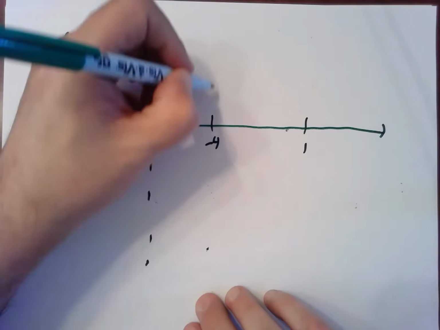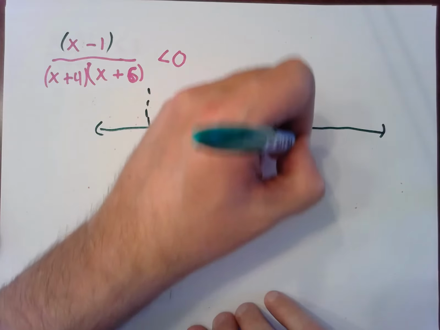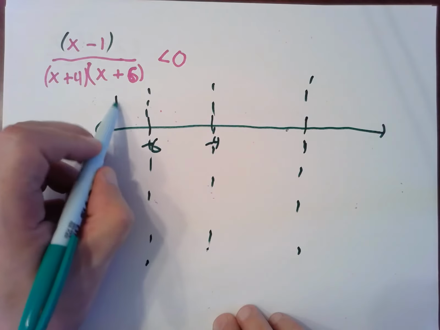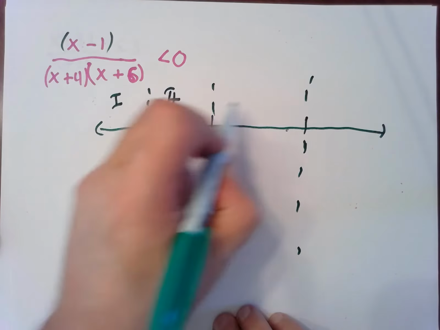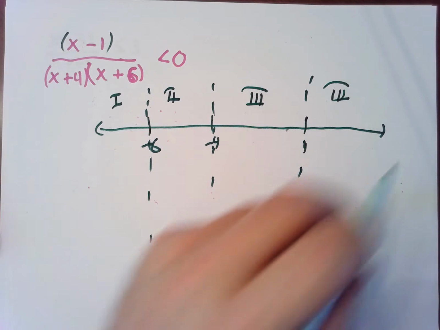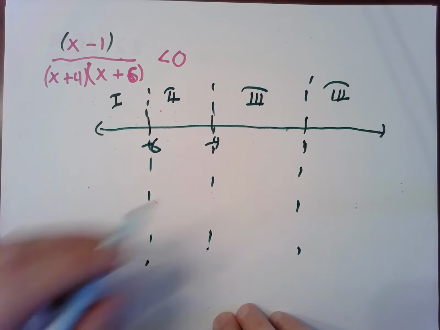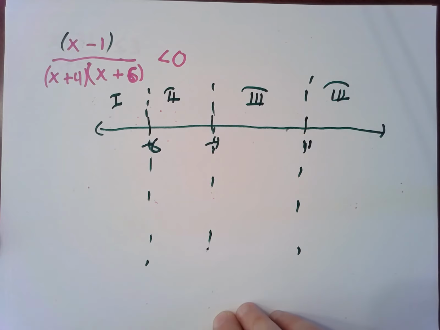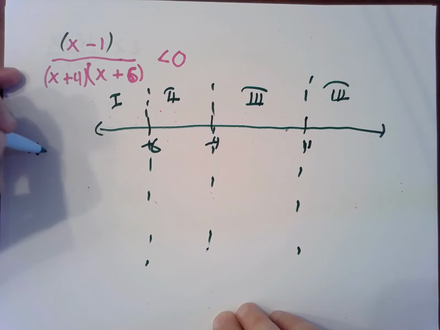Draw on my dotted lines. You see I'm going to have 1, 2, 3, 4 different regions. I kind of lost my 1 there with my dotted line. Okay, list my factors.